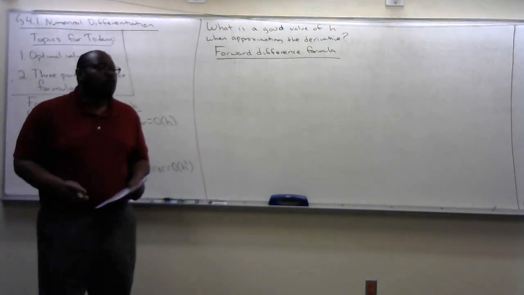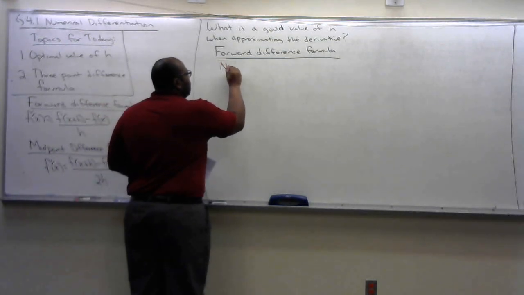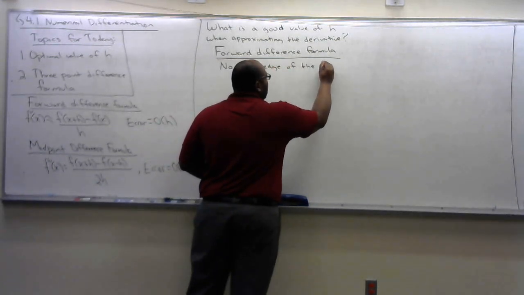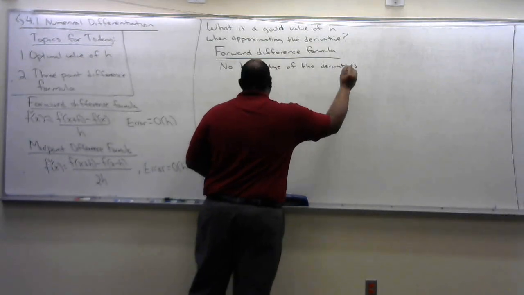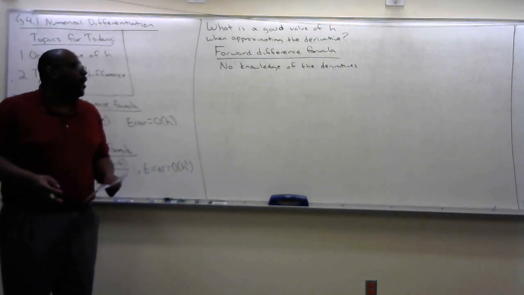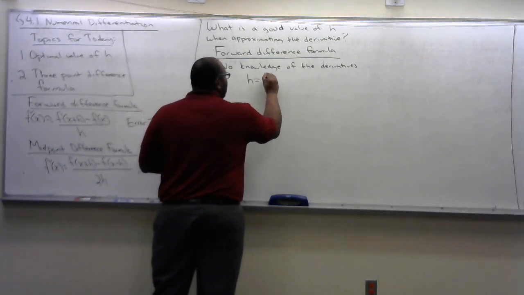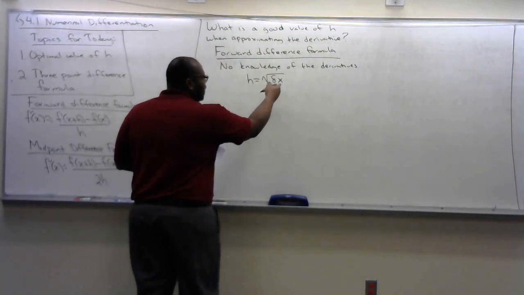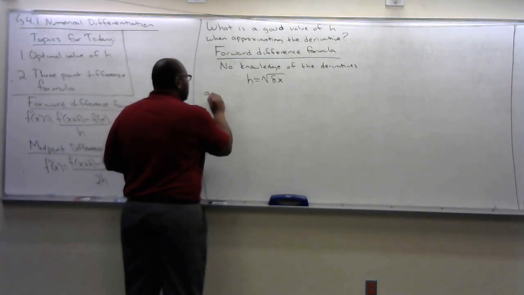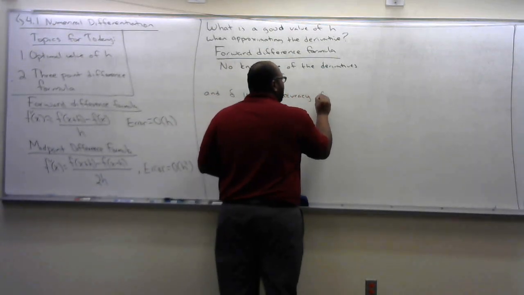Now, if you have no knowledge of the derivative, maybe I just know the function values, but I don't know what the derivatives of that function are, then what you do is pick h to be equal to the square root of delta times x, where x is the number that you're evaluating your function at, and delta is the accuracy of your numbers.